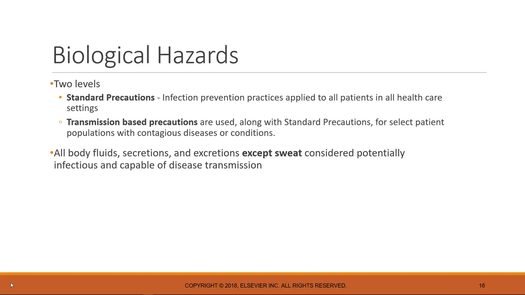Transmission-based precautions are the second level, and these are used along with standard precautions for select patient populations who have been identified and diagnosed with contagious diseases or conditions. I want you to remember all body fluids, secretions, excretions, except sweat, are considered potentially infectious and capable of disease transmission.